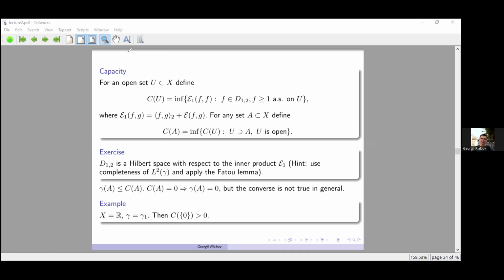We had a Gaussian measure on a separable Banach space X with the Borel sigma field B. We proved that polynomials of the form like a usual polynomial of a finite number of linear continuous functionals are dense in L2.